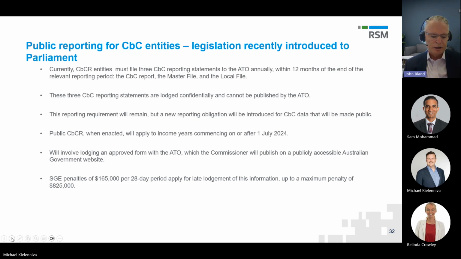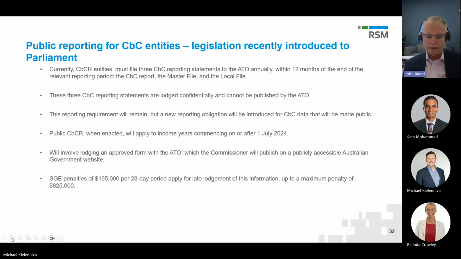So currently, the country-by-country reporting is 3 different statements required to be provided to the Commissioner, and they're going to remain, but a new reporting requirement is going to exist, which is for public country-by-country reports, which will be on a different form, but when they're filed, they'll be made available at a certain time in the year on a publicly accessible database by the Commissioner. And if you're in this category of taxpayers, SGEs or country-by-country reporting entities, very high penalties for things like failing to file on time.